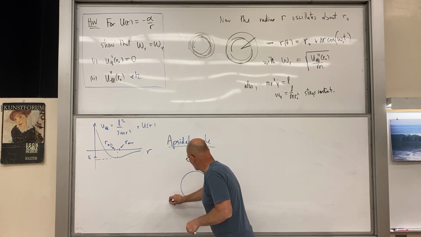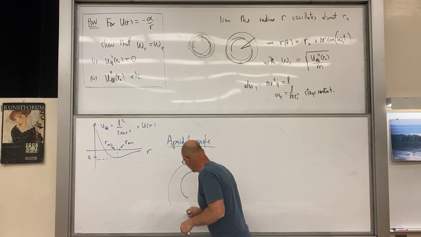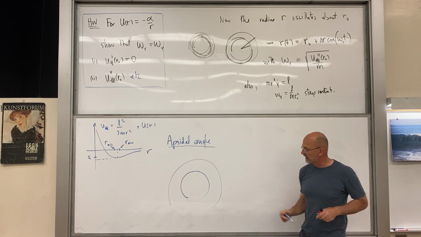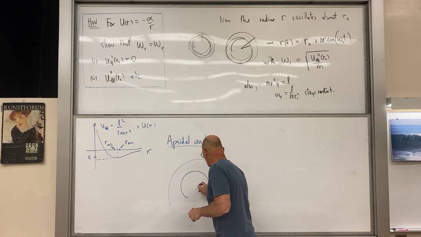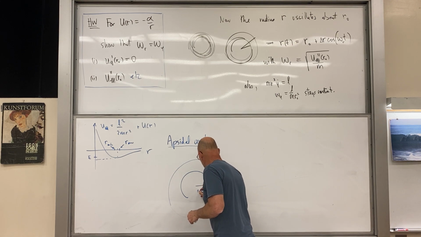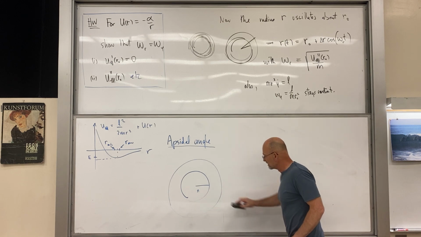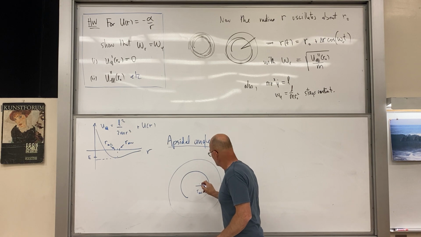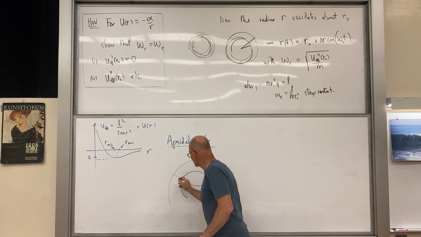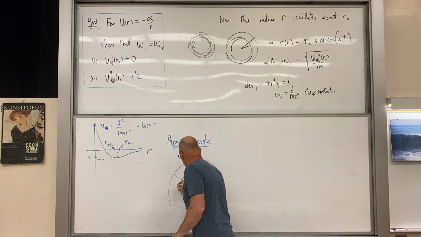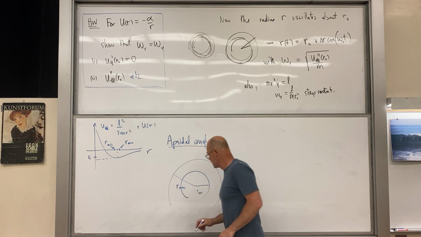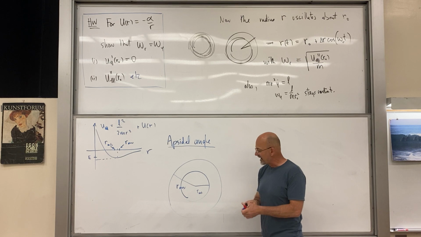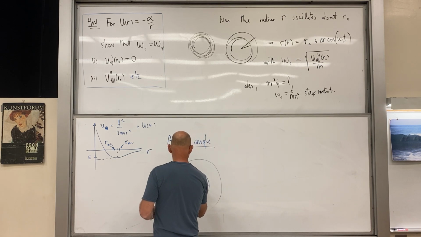So there's the circle of radius r min, the circle of radius r max, even though they're supposed to be very close together. So here's what we do. There's r min. It's the minimal. And here is r max. And we define this angle that's swept out here. This is the angle psi. This is our apsidal angle.